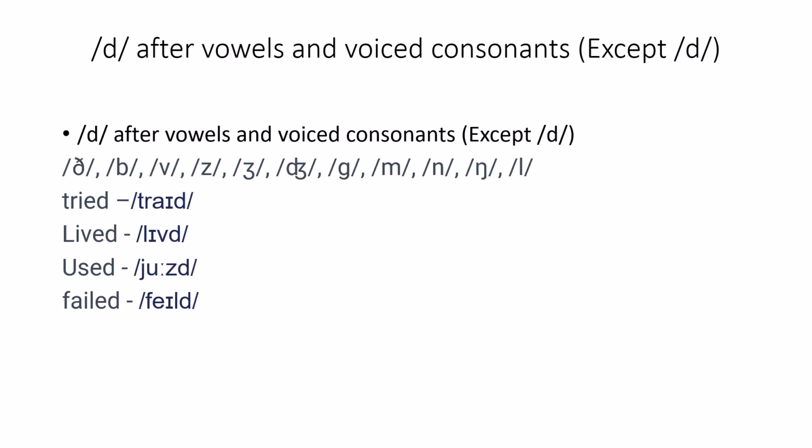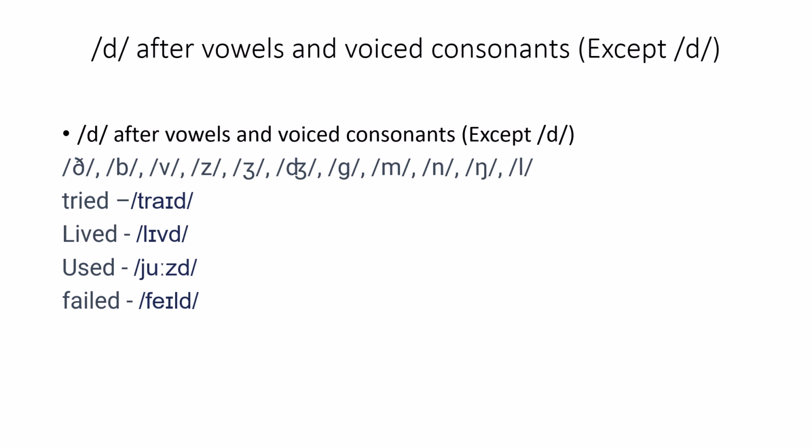Right, this slide shows you how to pronounce the ed with the voiced consonants. Now you can see here a number of voiced consonants. What are they? B, v, z, j, g, m, n, ng, l. All these are voiced consonants.